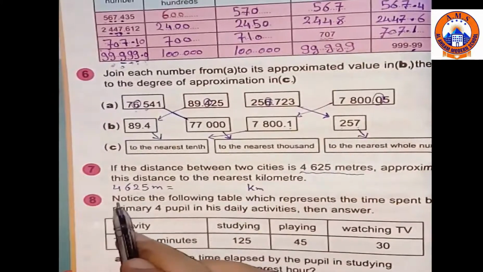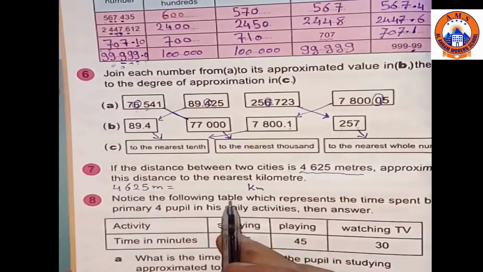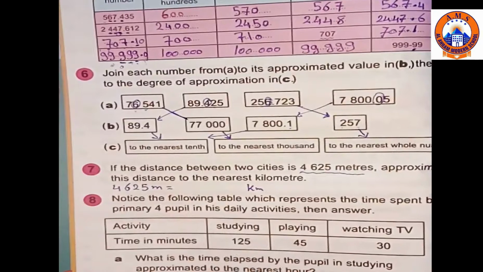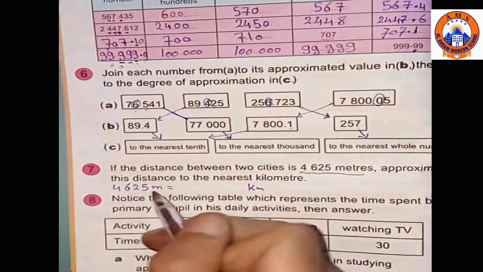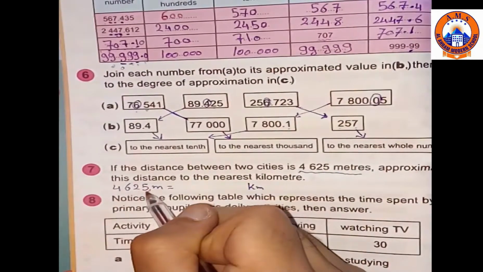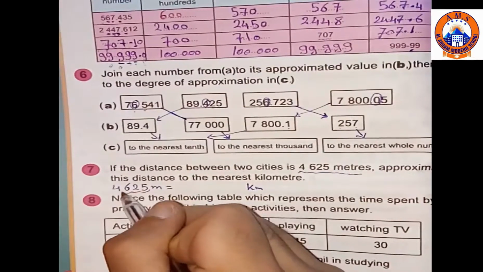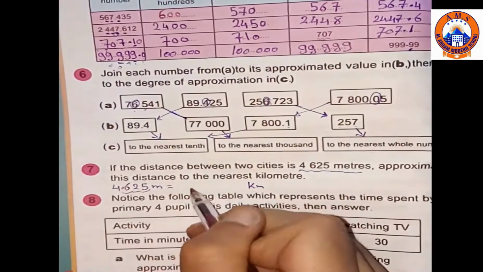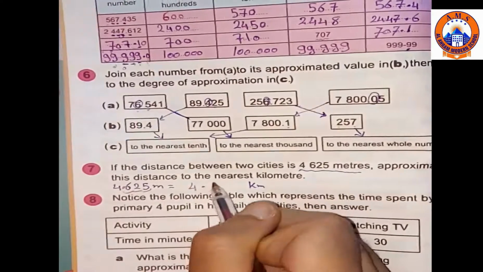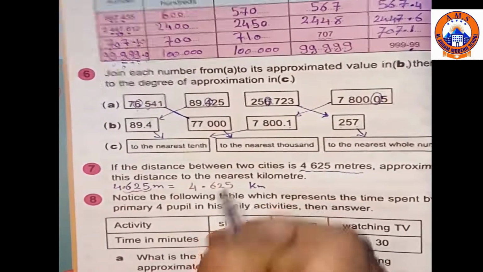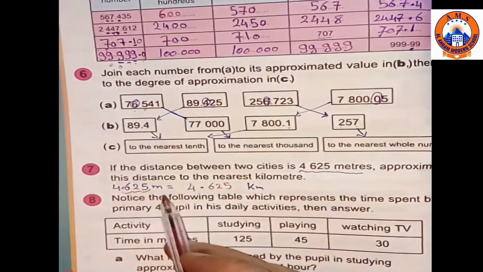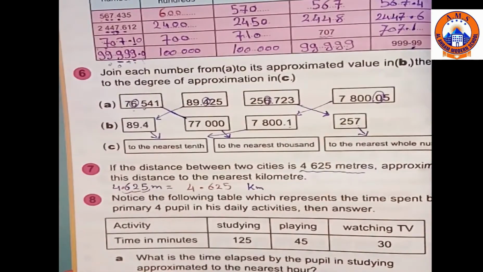And to change from meter to kilometer, you will divide by 1000. Division by 1000 means to move the decimal point 3 places. Here is 1, 2, 3. We're gonna put a point, so the answer is 4.625. We just changed this value from meter into kilometer.